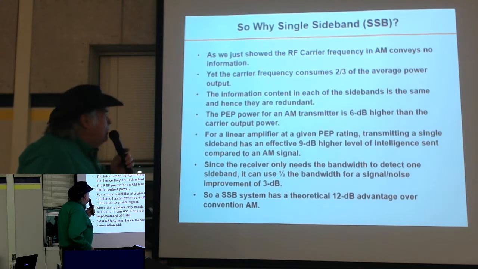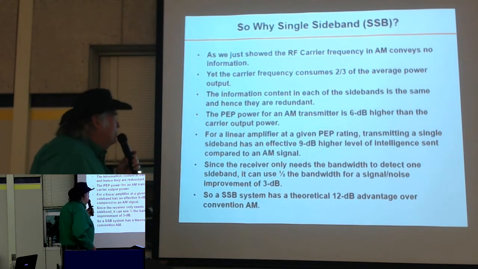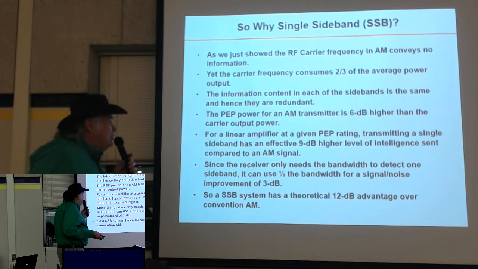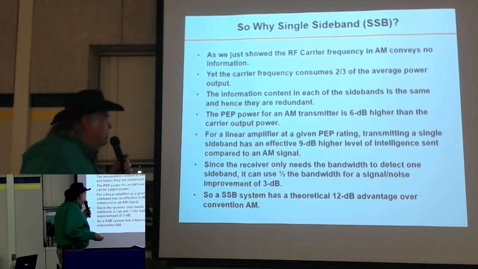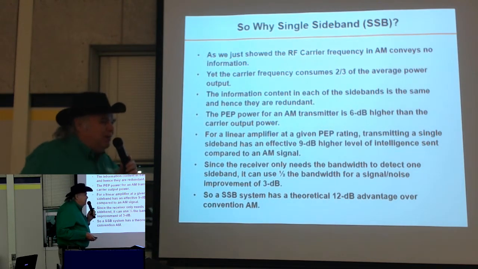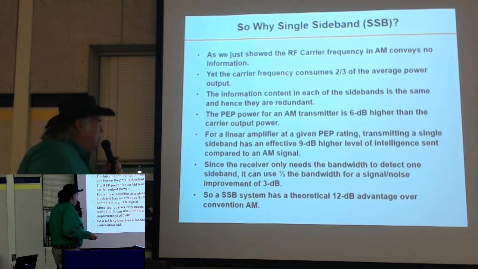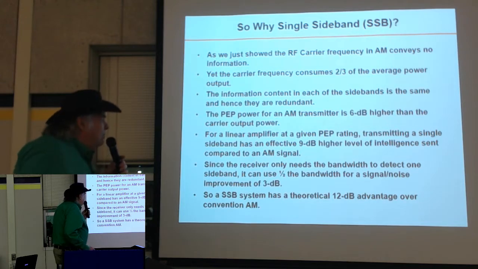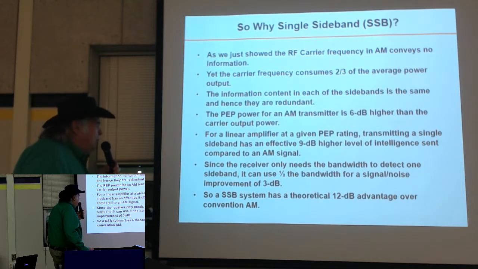So what about single sideband? Well, as we just said, in AM the carrier conveys no information, so we can just get rid of it. It eats up 2/3 of the average power of our transmitter and conveys no intelligence. So as we said, it's 6 dB. We went through this issue with the linear amplifier.